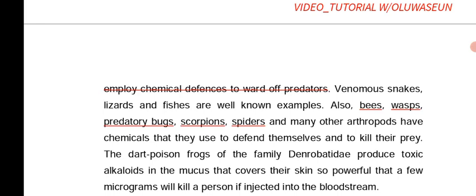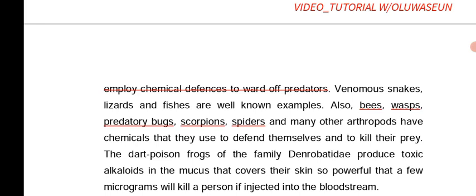Because of the poisonous chemicals in snakes, some eagles cannot kill them, because they know that if they kill them and eat them, the venom is going to affect them. We have lizards as well. We have fishes, and some of them are very poisonous to eat.